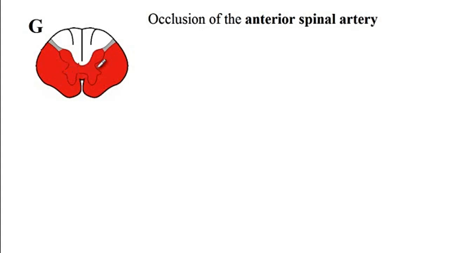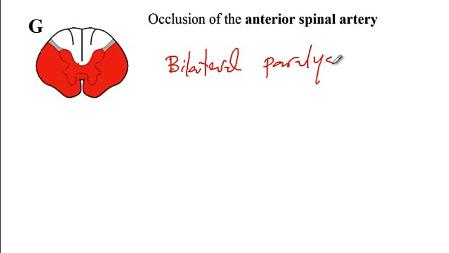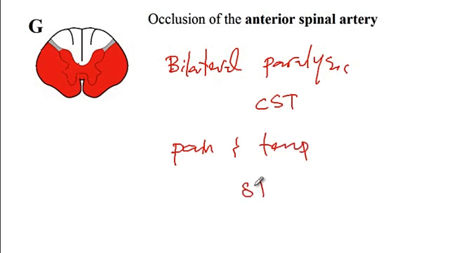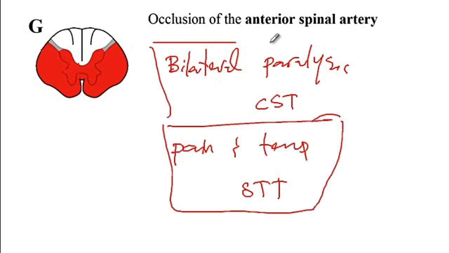However, because of the destruction of the anterior portion of the spinal cord, there would be bilateral paralysis due to damage to the corticospinal tract, and then there would also be bilateral loss of pain and temperature due to the damage to the spinothalamic tract. So those would be the two symptoms of patients with occlusion of the anterior spinal artery.